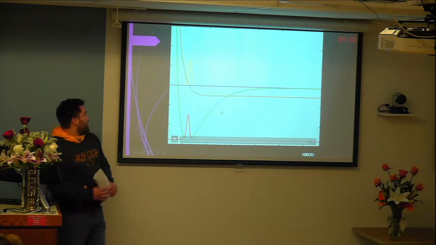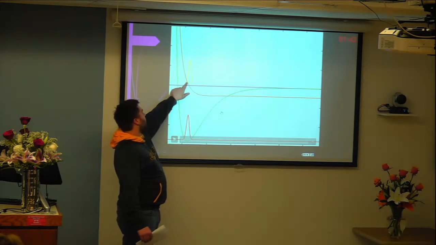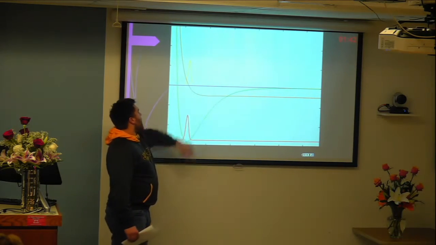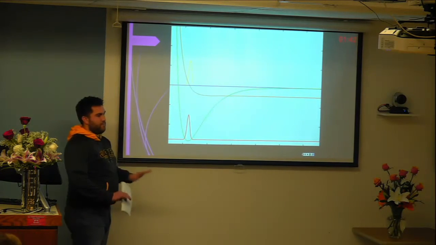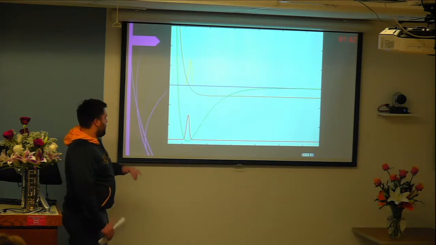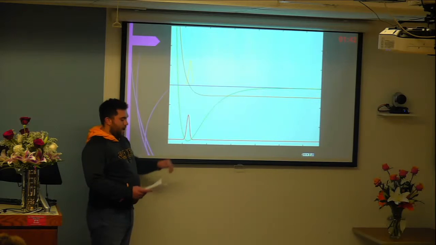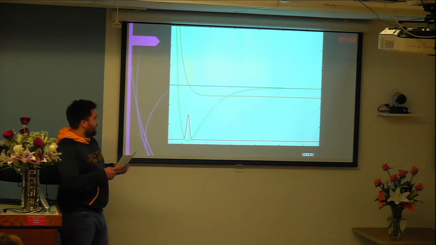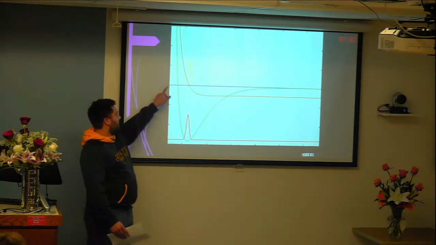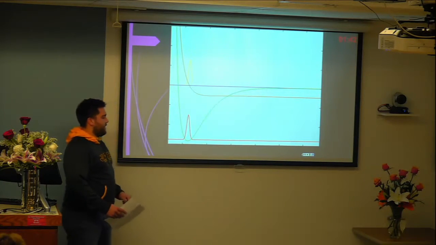So you can see here, this is just our initial position of our wave packet. It's just there as a reference. The green line here is our ground state potential, and then the tan line here is our excited state potential.